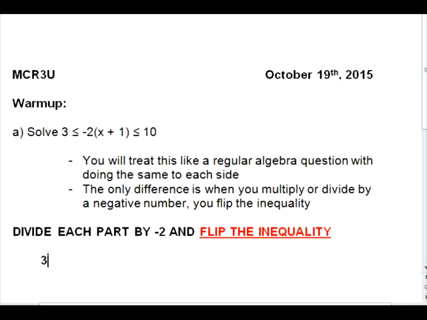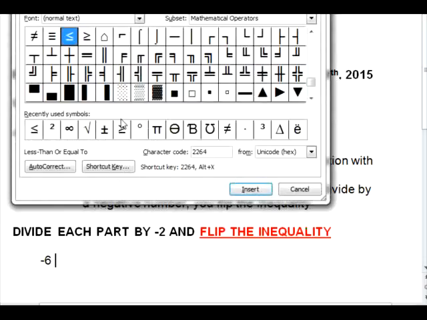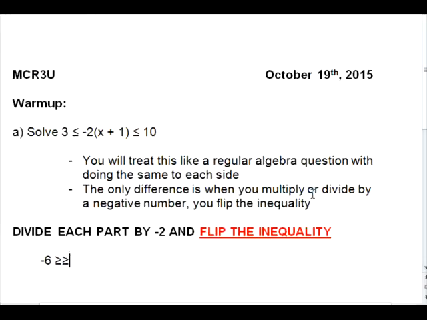So what that means is I'm going to call that then negative 6. But instead of doing less than or equal to, now it's going to be greater than or equal to. So negative 6 is greater than or equal to x plus 1 is greater than or equal to negative 20.